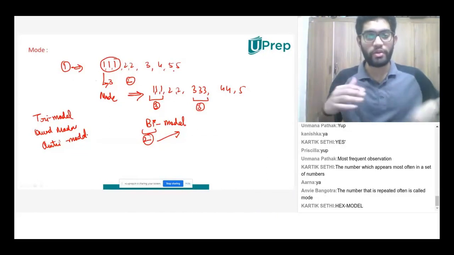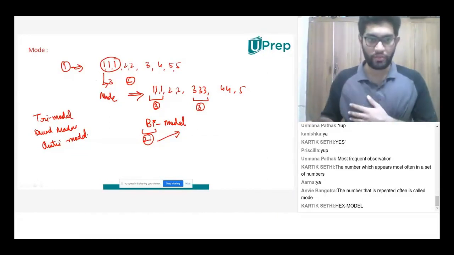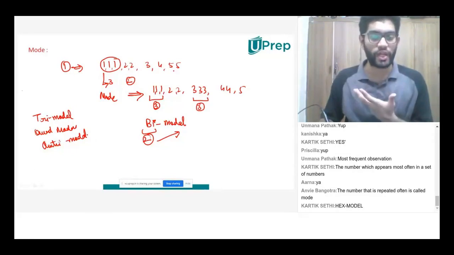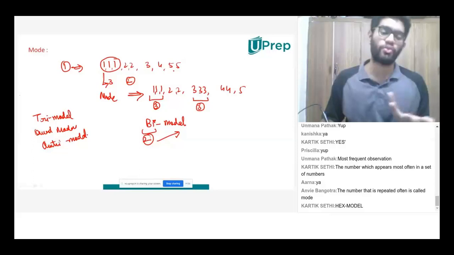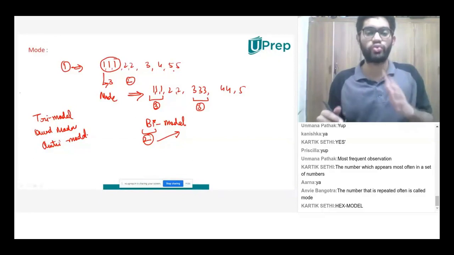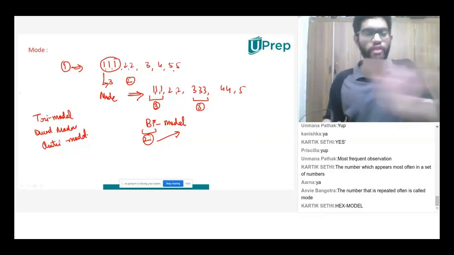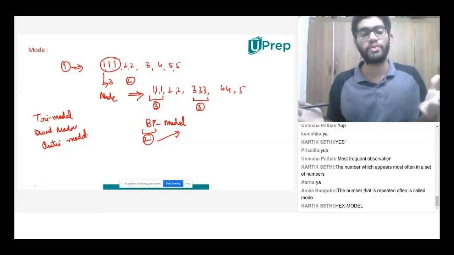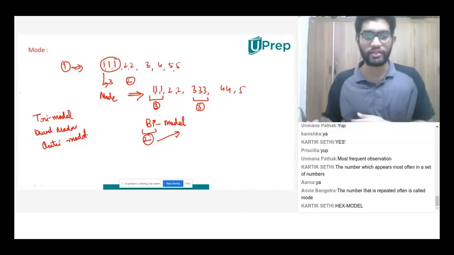Mode is a number which repeats the most number of times. When you have a lot of numbers that repeat the same number of times, you cannot figure out which one repeats the most number of times. That is how simple the logic is. If I say 1, 1, 1, 2, 2, 2, 3, 3, 3, 4, 4, 4, all these numbers are repeating the same number of times. How can you find out which numbers repeat the most number of times? That is the reason it is stopped at bimodal.